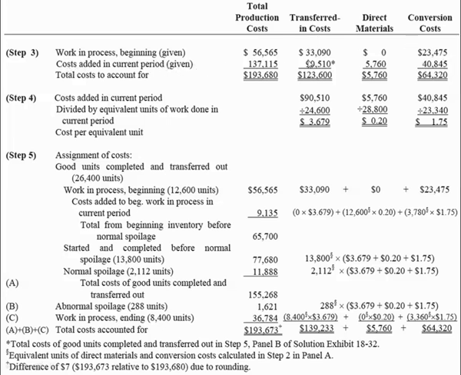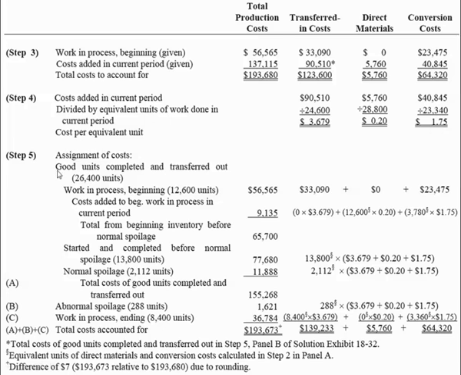We add two costs to reach total cost to account for. Step 4, we need to calculate cost per equivalent units. So we divide only costs added in the current period by number of equivalent units previously calculated, which equals $3.679 for transfer in cost, 0.2 for direct material, and $1.75 for conversion cost.